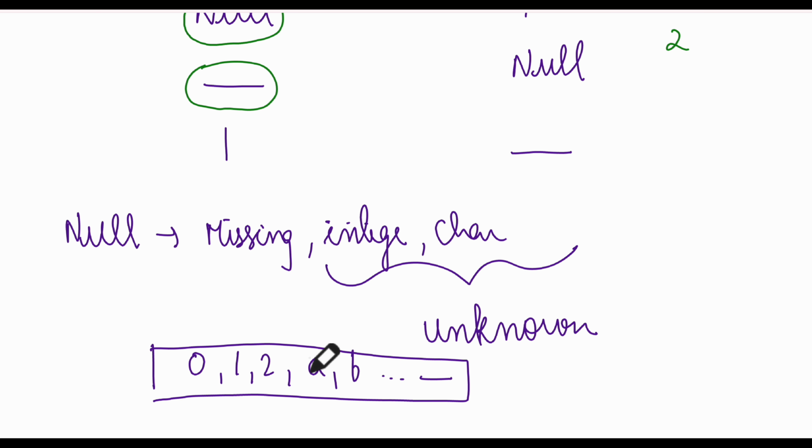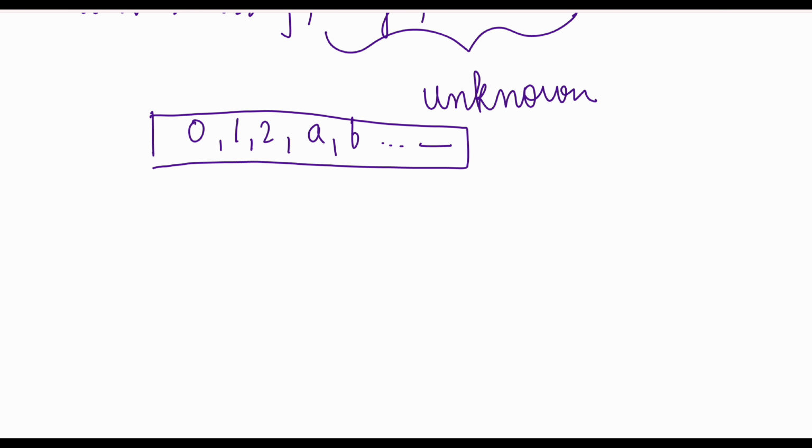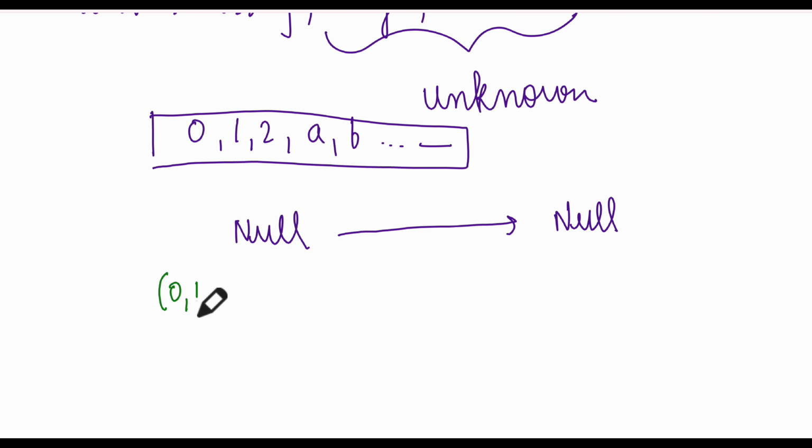Okay, now let's try to understand this concept. When we merge two tables that both have null, for example, this table has null and this table also has null, and we try to match them, what could happen? This null could be a 0, as I mentioned, it could be 1, 2, A, B, anything.